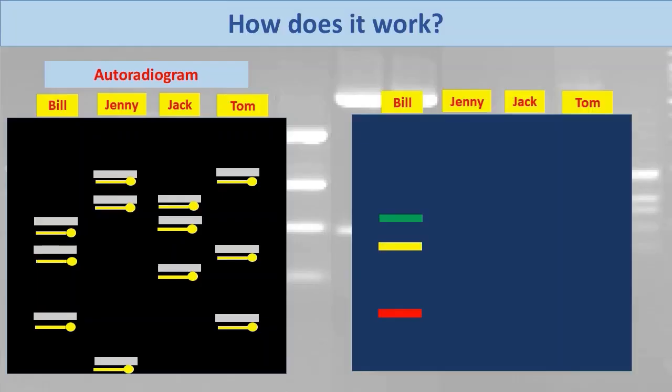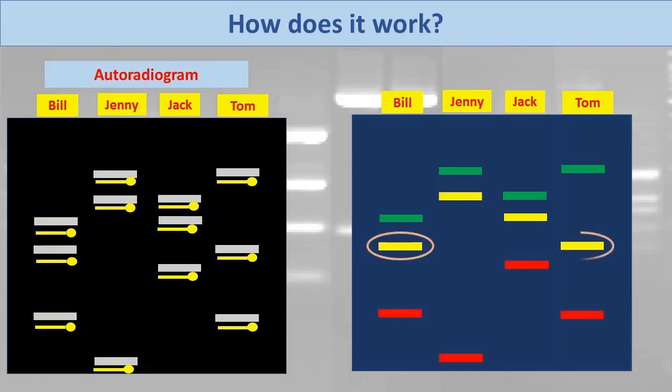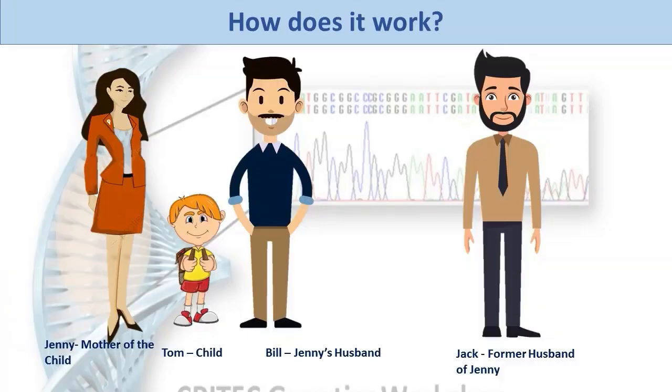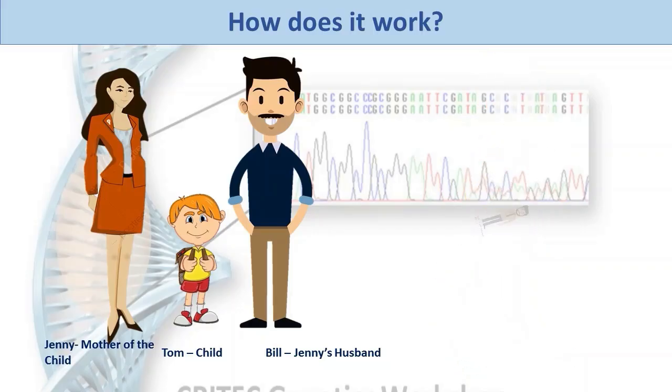As you can see, there are 2 similar banding patterns between Tom and Bill. Out of the 3 RFLP loci tested, 2 of them were the same in both Bill and Tom. And therefore, we can say that Jack is not the father of Tom.